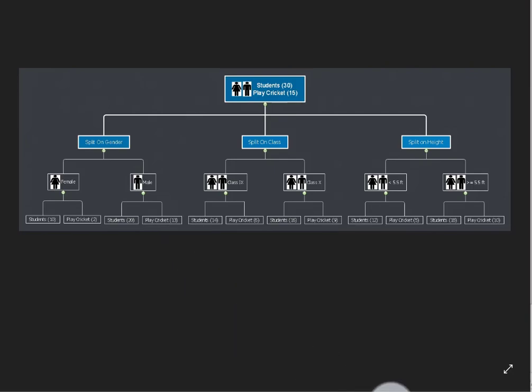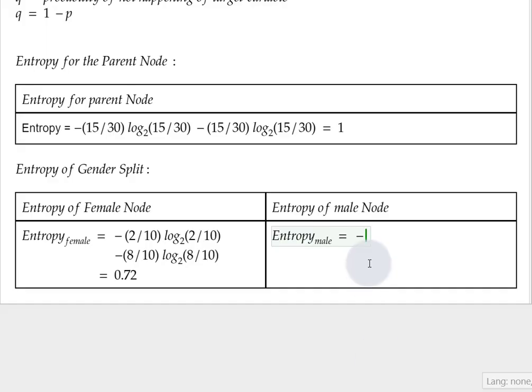So my p will be minus 13 over 20 times log base 2 of 13 over 20. Calculating q in a similar way, there are seven students who don't play cricket, so minus 7 over 20 times log base 2 of 7 over 20. This will be my entropy value for the male node.